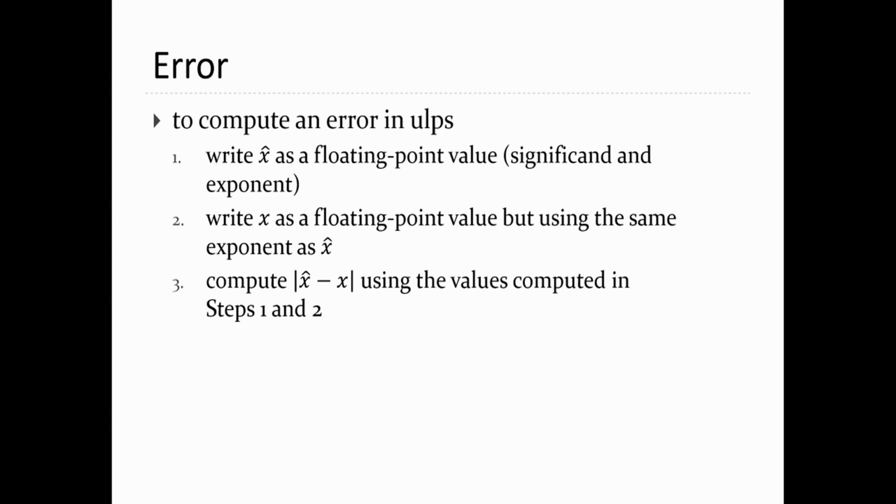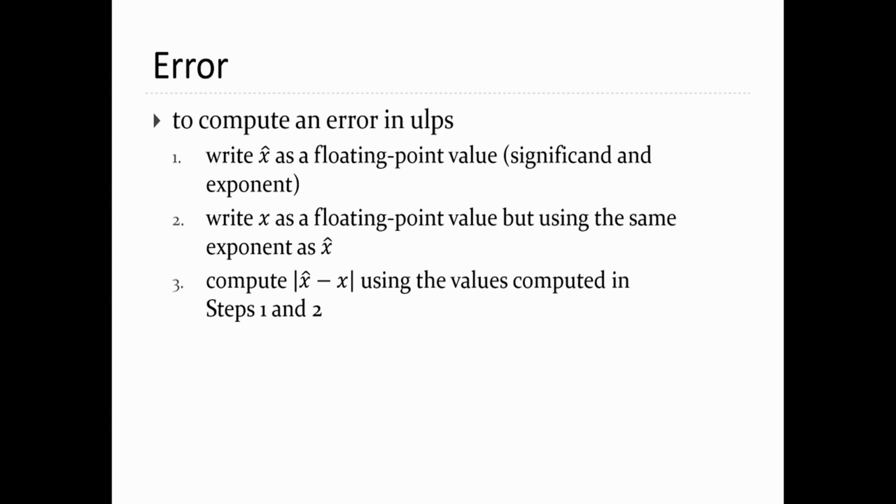All right, so to calculate these errors, suppose you had 2 values. Suppose you actually knew what your true value was. So I know what x hat is, and you've got your calculated value x. I want to compute the error in ULPs. The way you do it is you follow this little algorithm. You take your true value and write it down using your floating point representation, so a 3-digit significand and a 1-digit exponent.